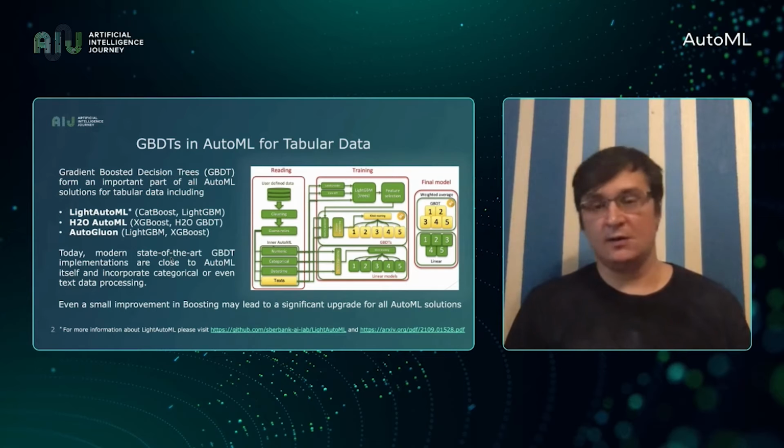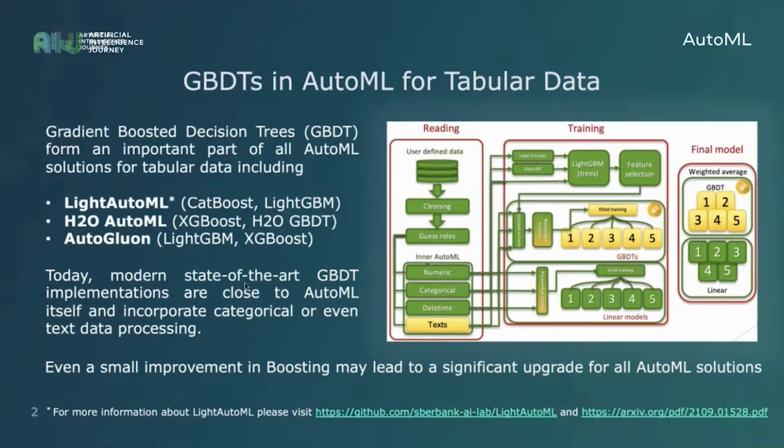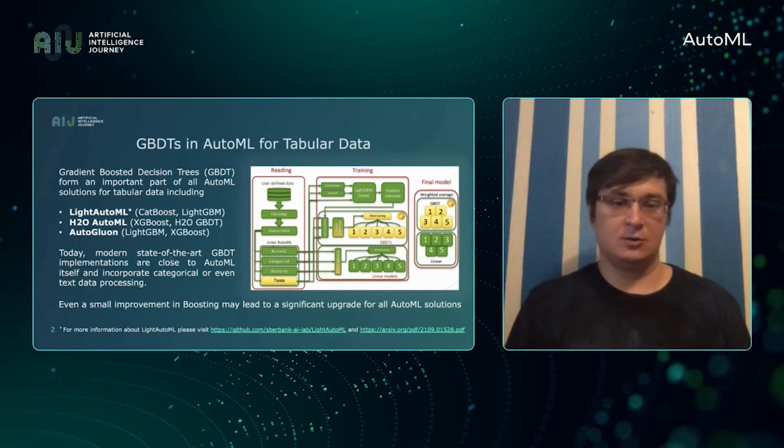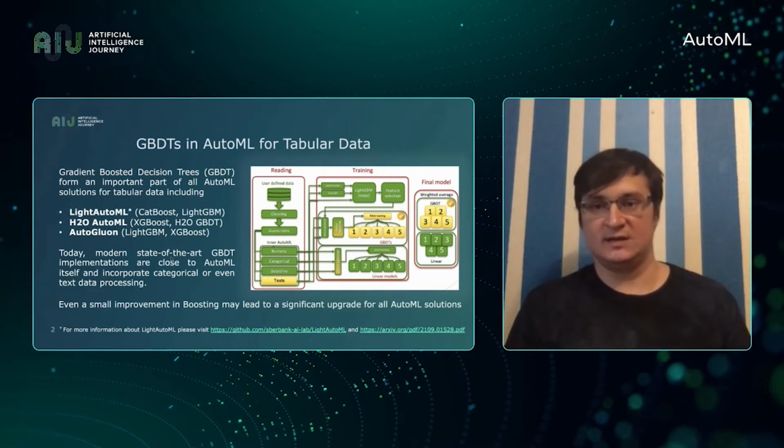Gradient boosting for decision trees forms an important part of all AutoML solutions. You can see it in the middle of the diagram, and recently we shared an article on arXiv, and you can read it yourself. Today, state-of-the-art GBDT implementations are close to AutoML itself. They are efficient, and modern boosting resembles AutoML itself.